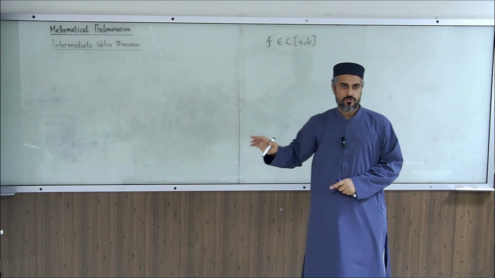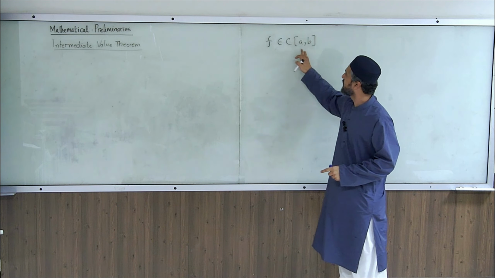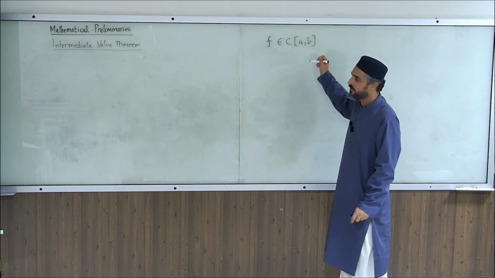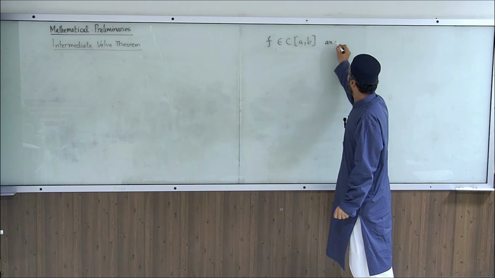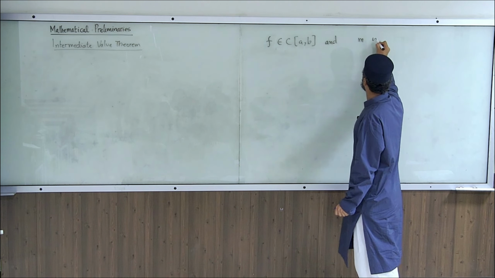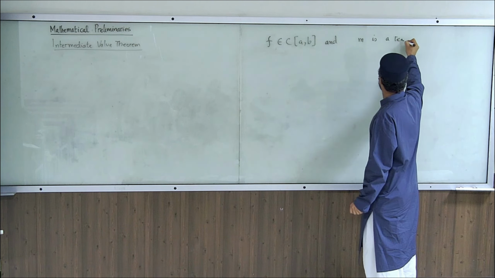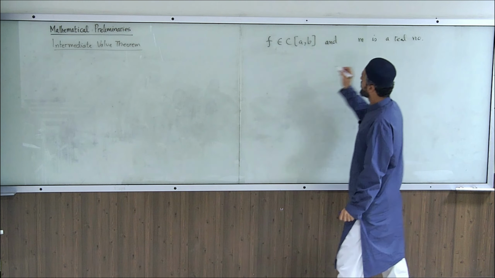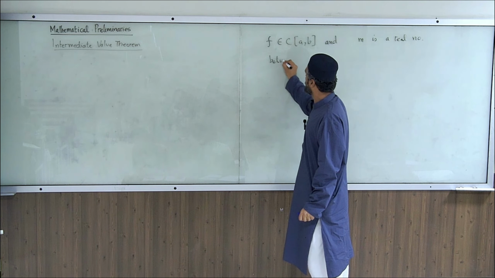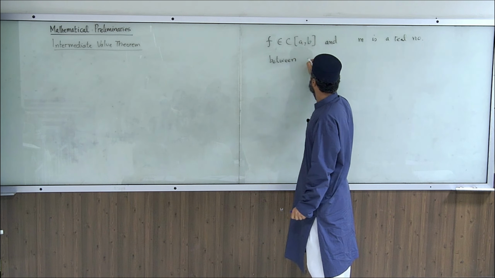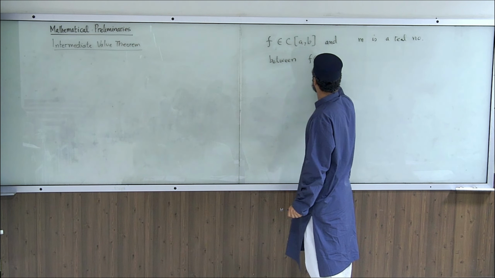So this is a function continuous on this interval, and m is a real number between f of a and f of b.